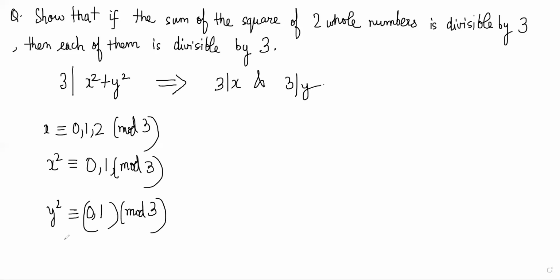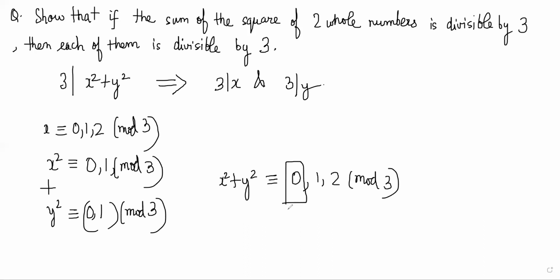So the sum x square plus y square will be 0, 1, or 2 mod 3. If it is divisible by 3, that means it is this case, which means it was 0 here and 0 here.